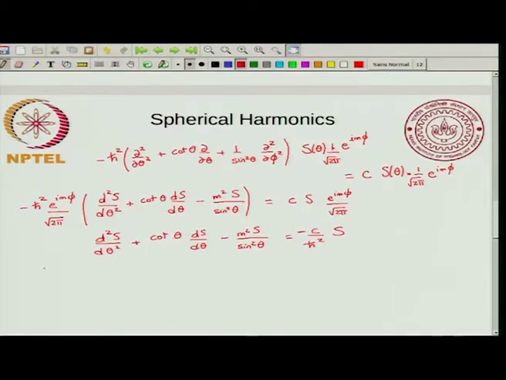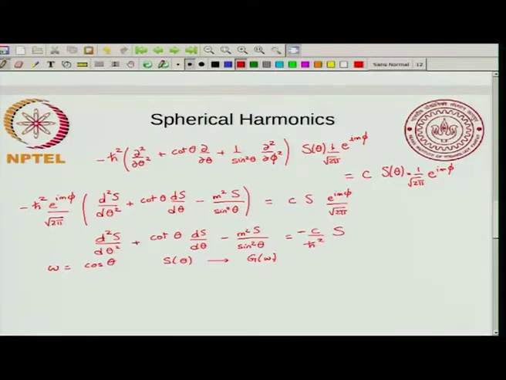So we change the variable: you put w equal to cosine theta. Then instead of your function s of theta, you have a function g of w. I am just using a different symbol g. You can also write it as s of w, but I will use g of w, because s of theta is basically equal to g of w.